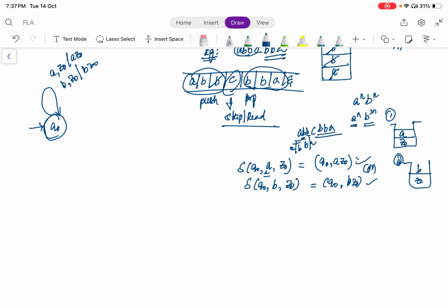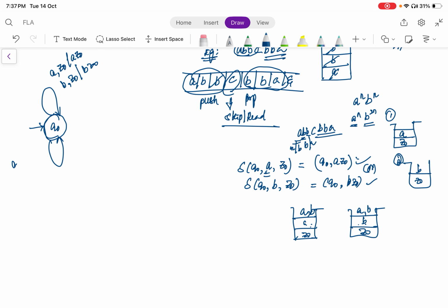Now I'm going to push another symbol, the second symbol. You take both the scenarios: Z naught A, then Z naught B. Now the symbol that is arriving, say it is A, then you will have AA. Say the next symbol arriving is B, then you will have BA. Say the next symbol arriving is A, then you'll have AB, or it's BB. So you have to write transitions for all these also.